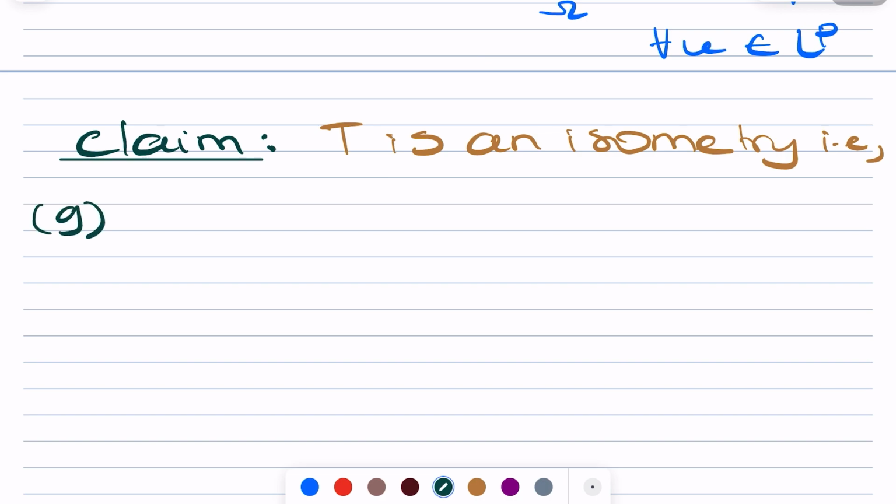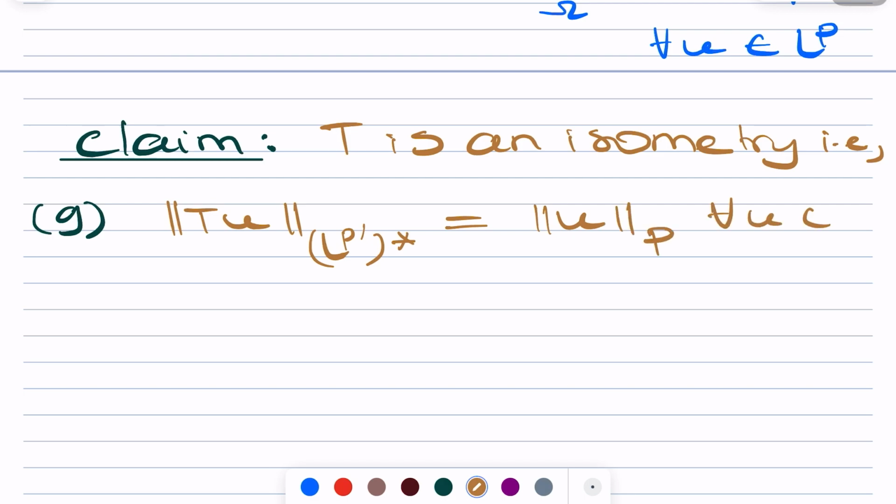So this means the norm of Tu, the operator norm in the dual space, is equal to the norm of u, the LP norm of u, for every u in LP. So let's prove this, right?